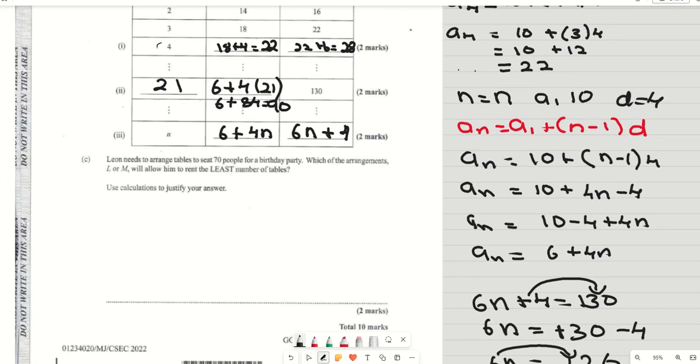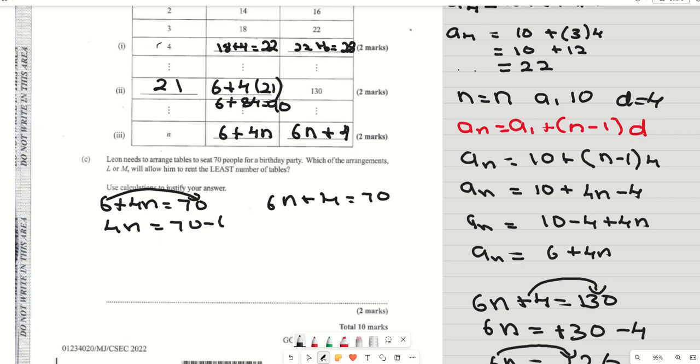So we could say 6 plus 4n is equal to 70, because we want to seat 70 people, and you make n the subject. That means we will solve what n is equal to. So 4n would be, if we carry across plus 6, it's going to turn to minus 6, so that's 70 minus 6.